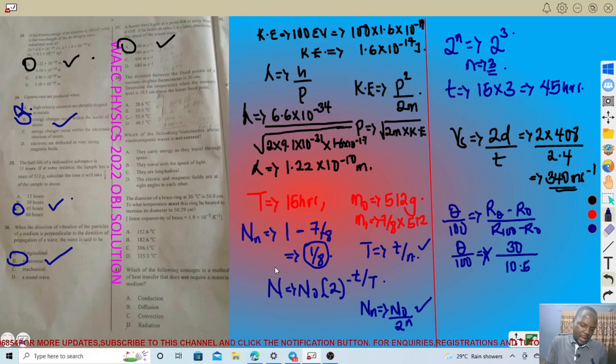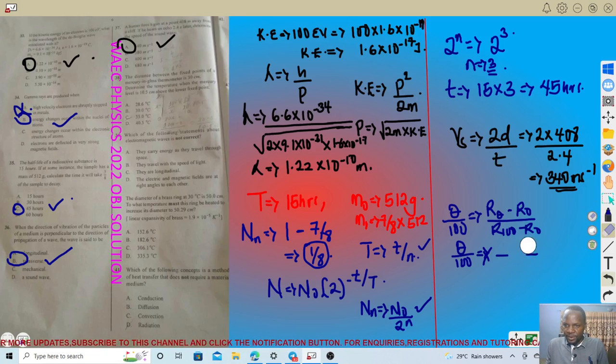So we can say 3000 divided by 10.5. Wow, I think I've made a mistake. Sorry, let me read well. They said when the mercury level is 10.5 above the lower fixed point. Sorry about that, apologies.